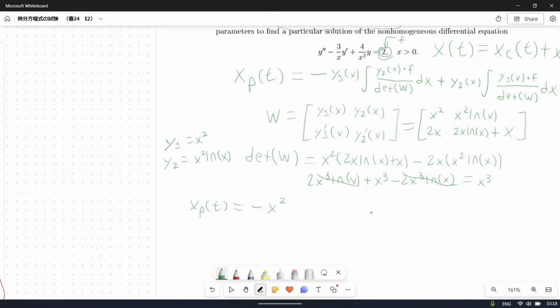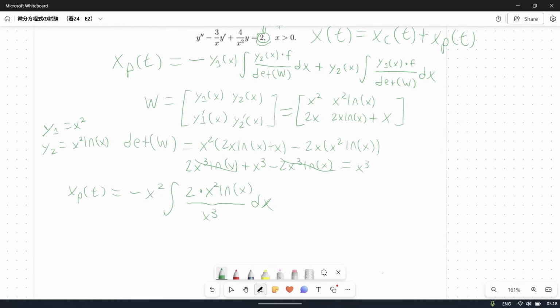So negative x squared times the indefinite integral of 2 times y sub 2 of x, so x squared ln of x, over x cubed dx.